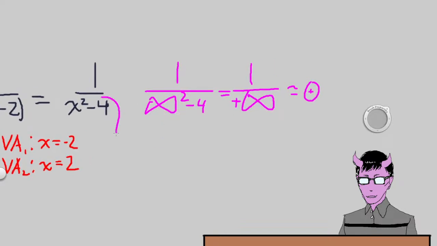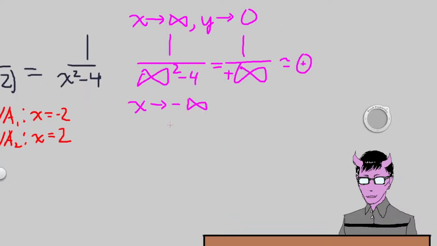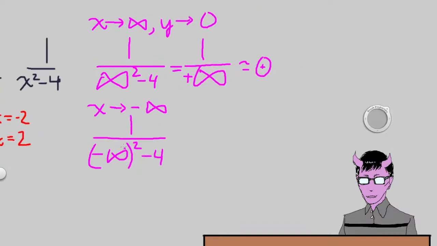Let's check out the other scenario. What happens when x approaches positive huge, then y approaches almost 0. So what happens when x approaches a negative huge size number? So let's see. Here's where things get a little dicey. X approaches a huge sized negative value. The whole thing is getting squared. Remember that. Minus 4. So when you have a negative huge sized number and it gets squared, it becomes positive.